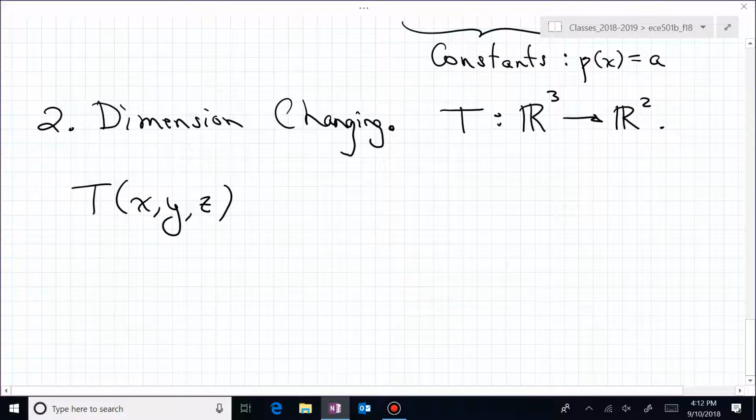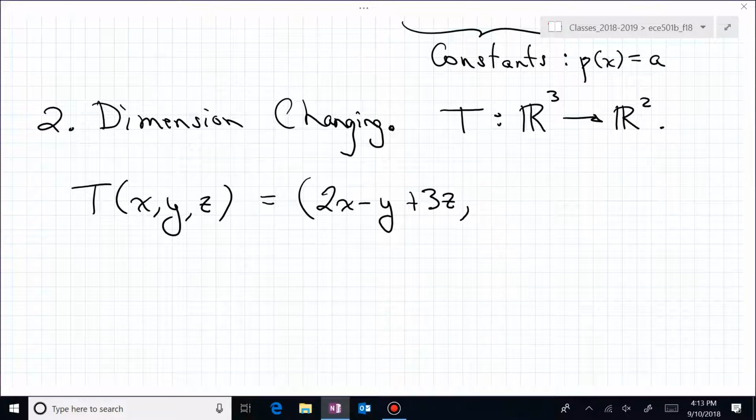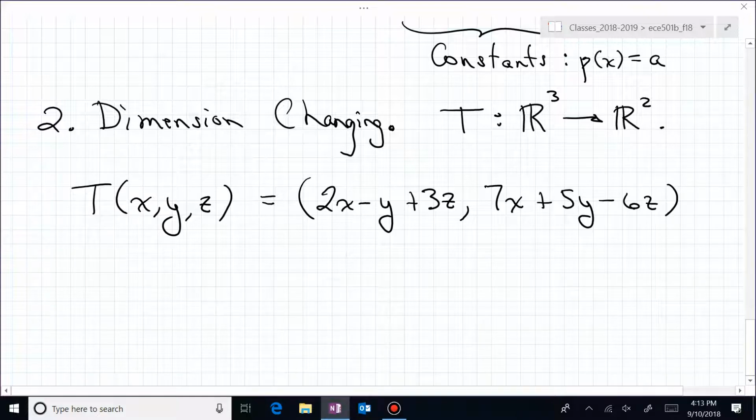So now you could think about this room as the input vector space, x, y, and z. And now we're saying that based on that, we're going to map to a two-dimensional space. And that space is going to be given by 2x minus y plus 3z for the first coordinate. That's a function of the three-dimensional location. And now we map to a two-dimensional first coordinate. The second coordinate is 7x plus 5y minus 6z.